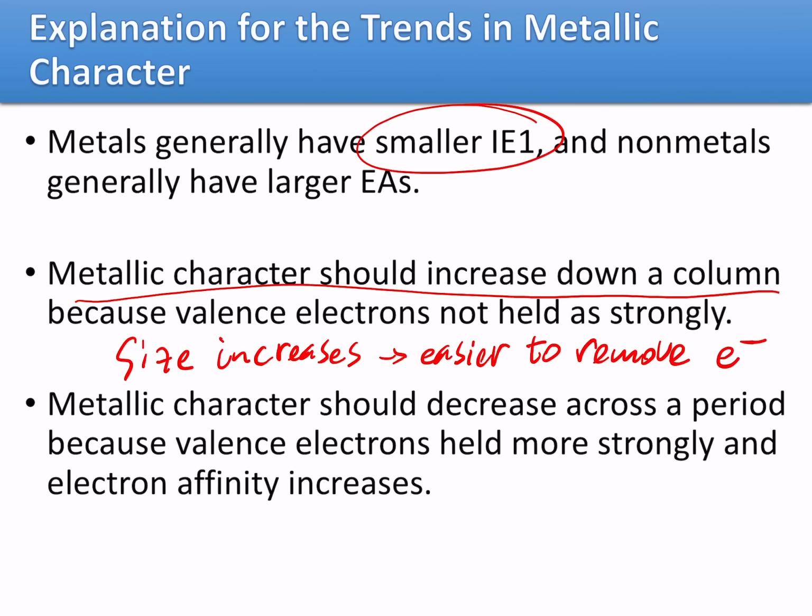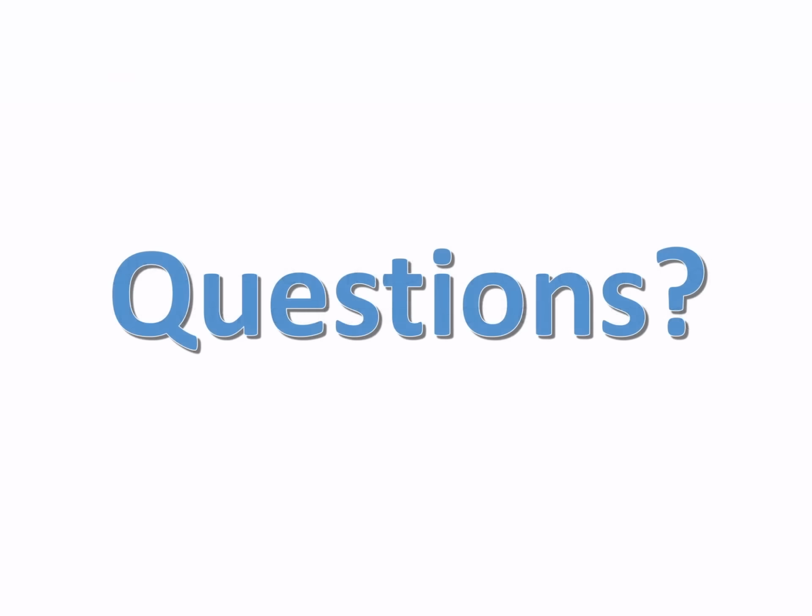Okay, and same thing here, metallic character decreases across the period because the electrons are held more strongly. The atom is smaller, and it's more difficult to remove the electrons. Okay, so basically that's it in terms of periodic properties, and we'll be discussing this in class next time.